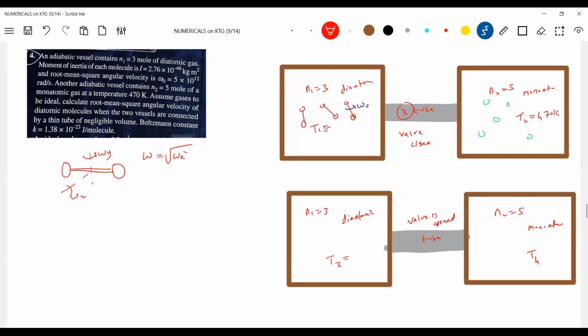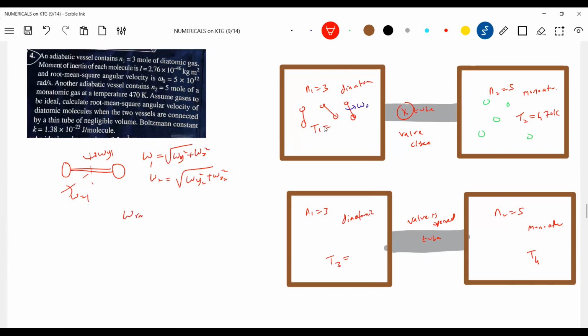This is molecule 1. RMS speed of the next molecule will be some value. So it will have some Y component of velocity. So Y1, Z1, you write it. Second molecule will have its own, third molecule and so on.